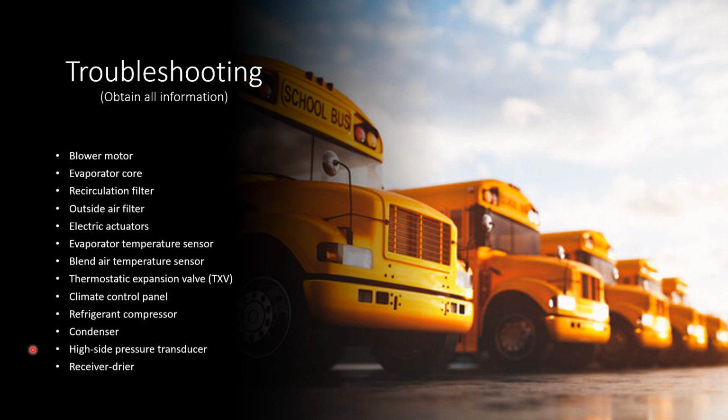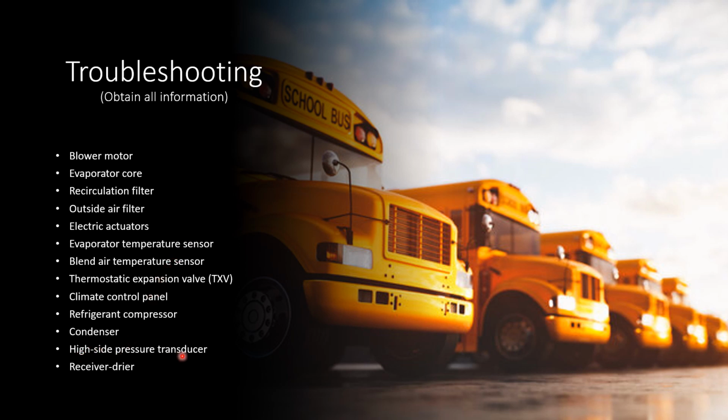So the refrigerant system is going to be pretty identical regardless of the system you're working on. It's going to have a condenser, a receiver dryer, a compressor, an evaporator, and it's going to have certain pressures. It's going to have sensors of some sort. It might have a binary switch or a trinary switch.